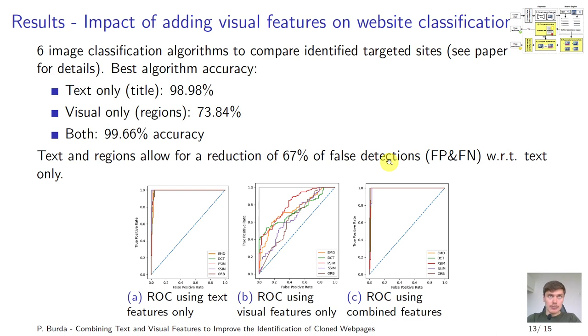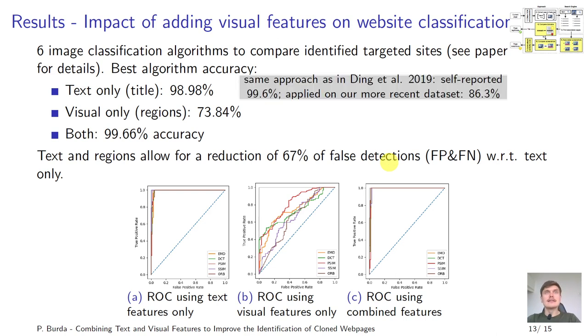But the important takeaway in this case is that the text-only approach has been used before, and is one of the best performing ones. If we apply this previous work to our more recent dataset, the previous methods perform worse.